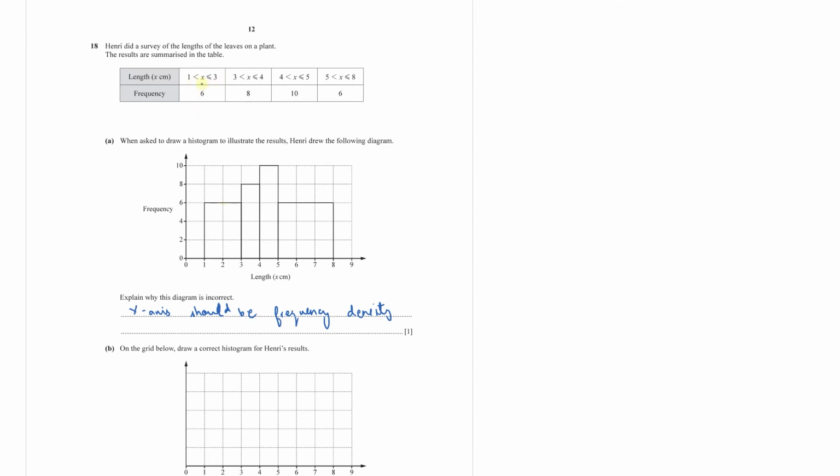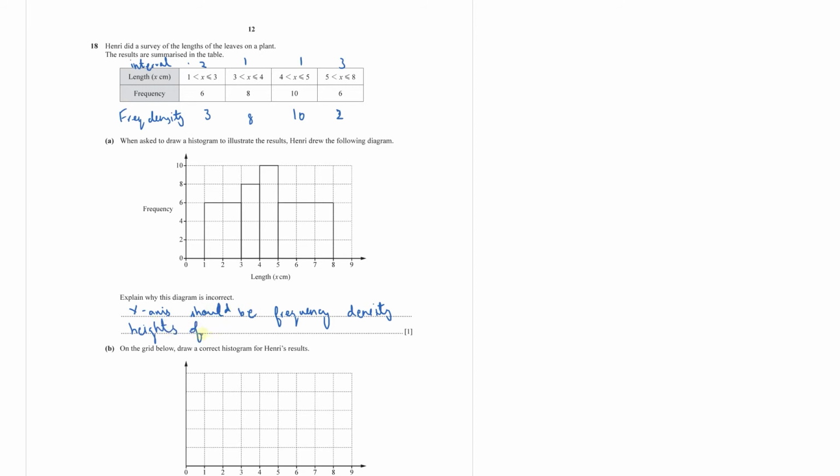From 1 to 3, your interval is 2. Let me write down the intervals here: this interval is 2, this is 1, this is 1, and this is 3. So your frequency density would be 6 divided by 2 is 3, 8 divided by 1 is 8, 10, and 6 divided by 3 is 2. So your heights are also wrong.